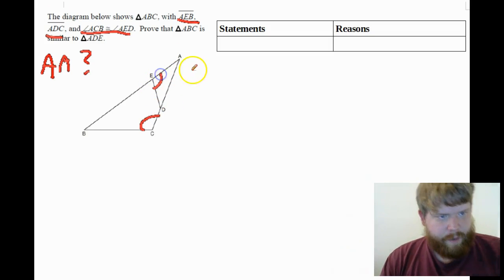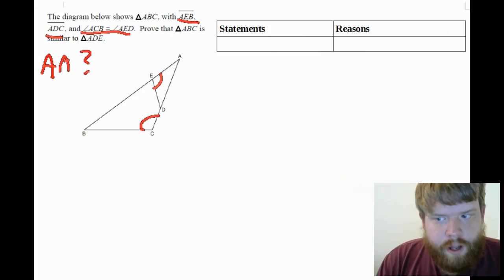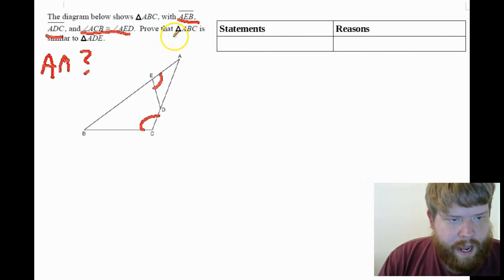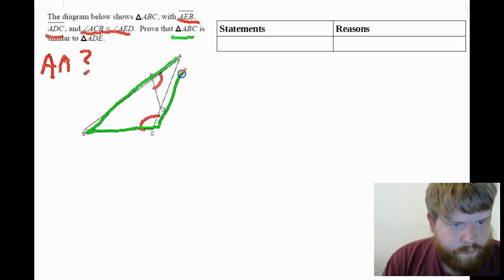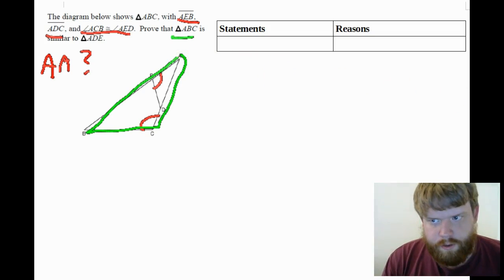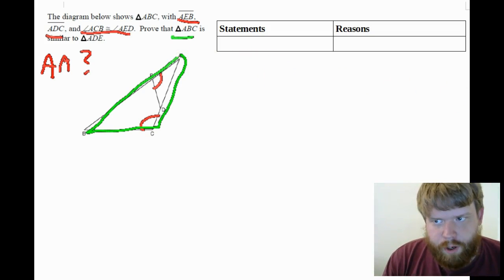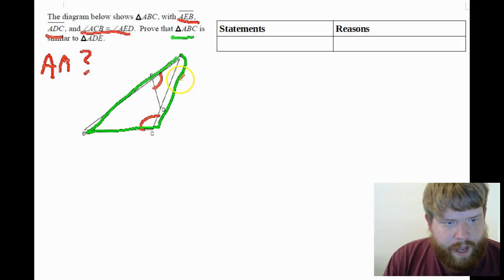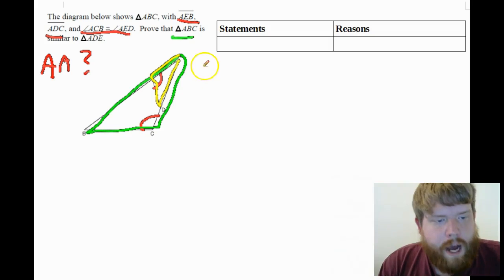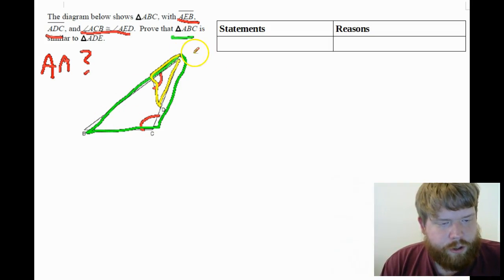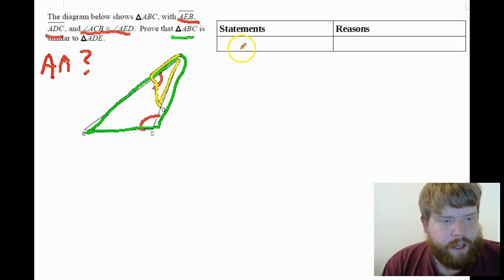Prove that triangle ABC, which I'm calling big green, is not congruent, but rather is similar to triangle ADE, which I will outline in yellow. So we see big triangle ABC and little triangle ADE outlined in green and yellow, respectively.